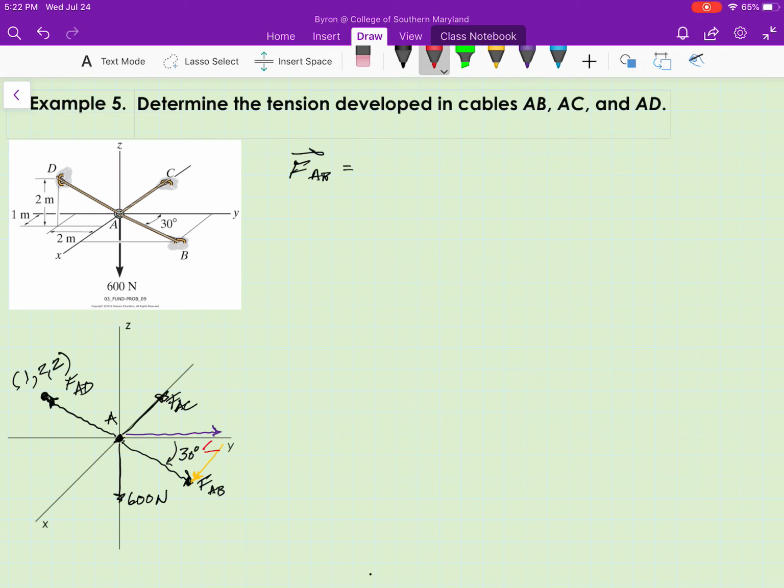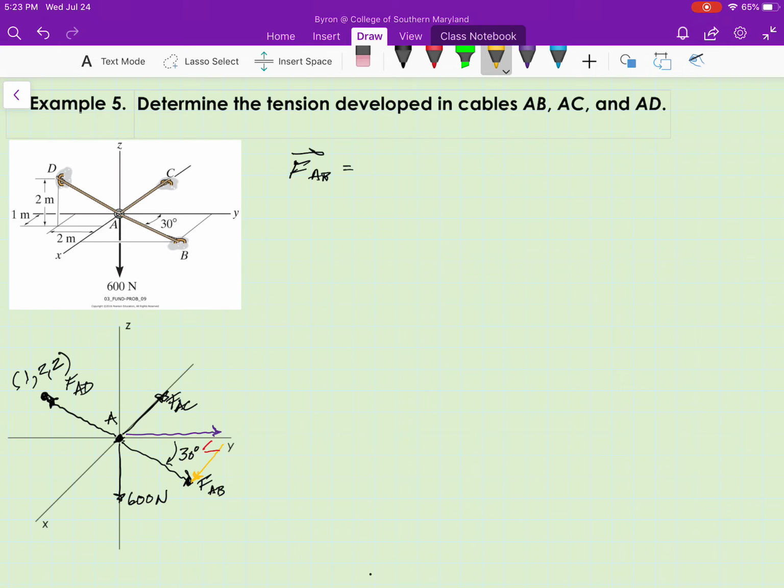Okay, so there's a triangle laying flat there in the xy plane whose hypotenuse is the magnitude of FAB and whose opposite side is the x component of FAB.